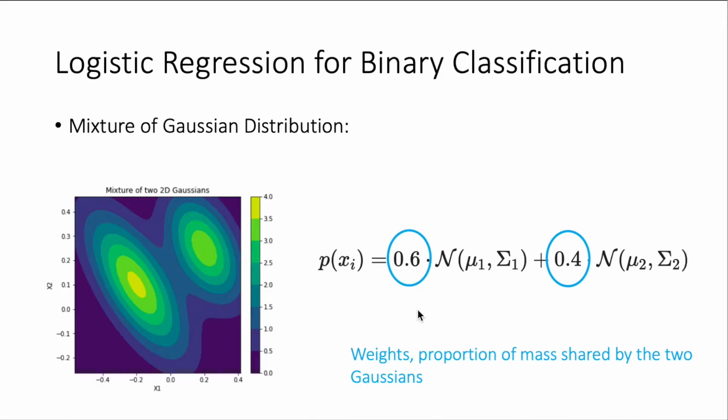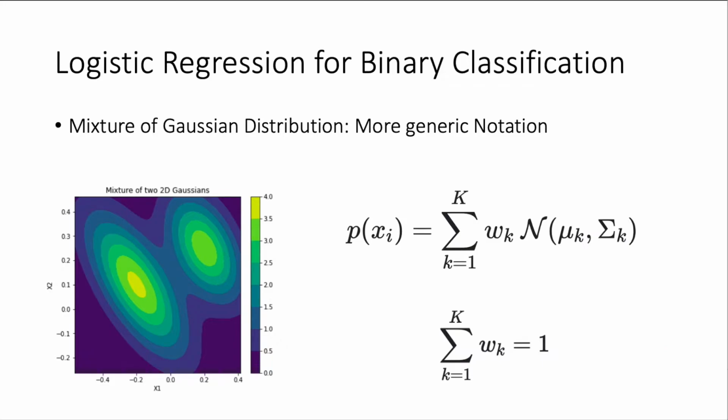And given that they are weights, they must sum up to 1. In a more generic notation, the probability distribution of any data point, when we have a combination of k Gaussians, is going to be the sum of the k components weighted by the corresponding weight, and we have to make sure that the sum of the weights is 1.